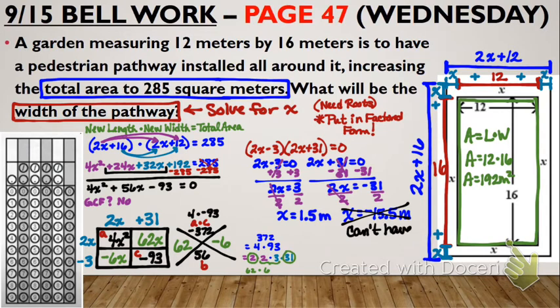Can't have negative sidewalk width. So that means it must be how wide? 1.5 meters. I need to take that answer and put it on this grid.